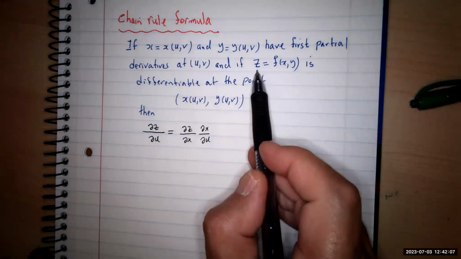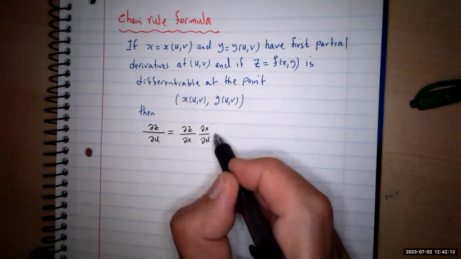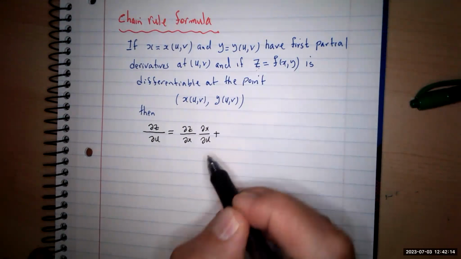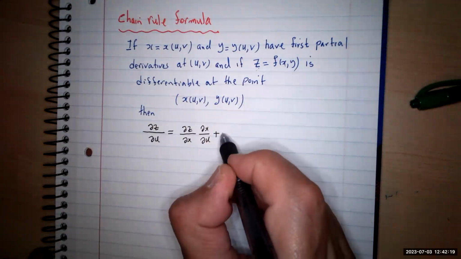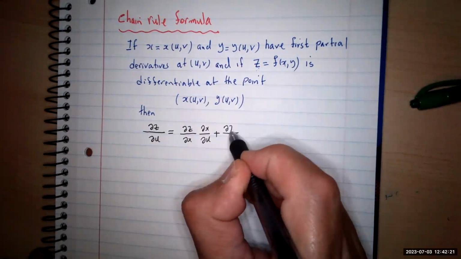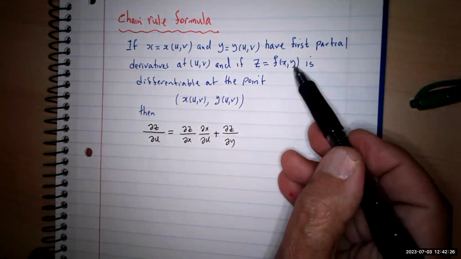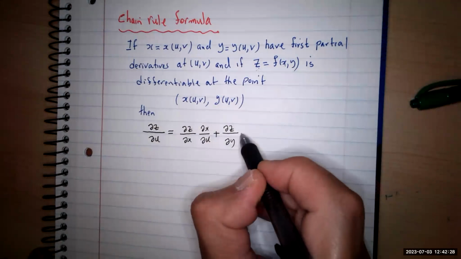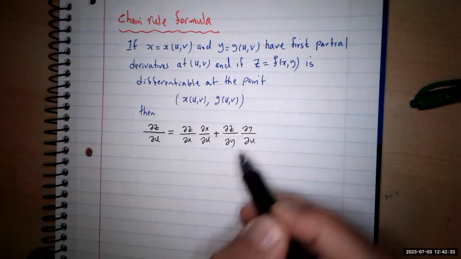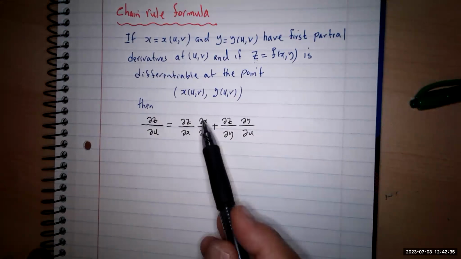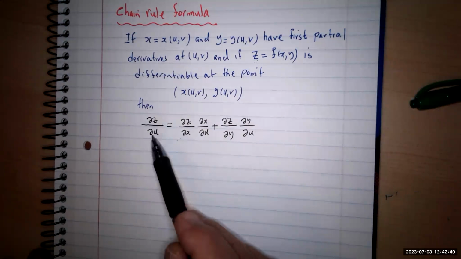Remember, f sub x differential of x plus differential of the second one. Again, z is a function of y, so it's going to be ∂z/∂y times differential of y. y is also a function of u, so it's going to be ∂y/∂u. That's it. If you eliminate those dx, dx, it just gives you dz/du.